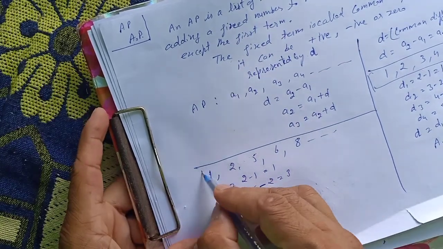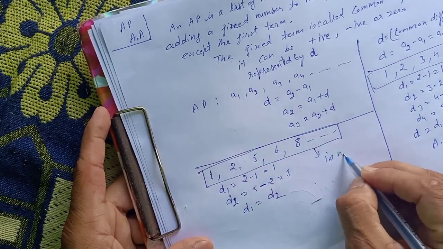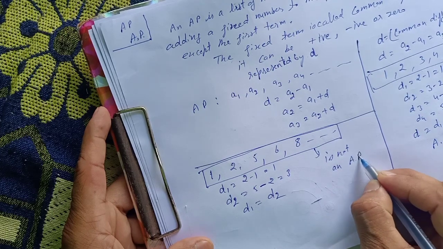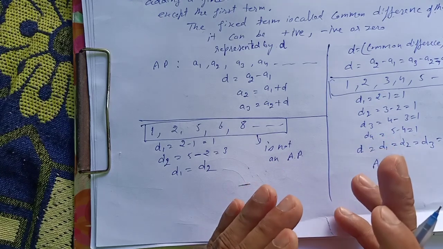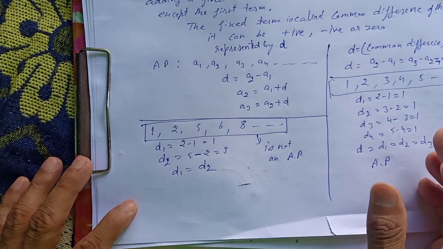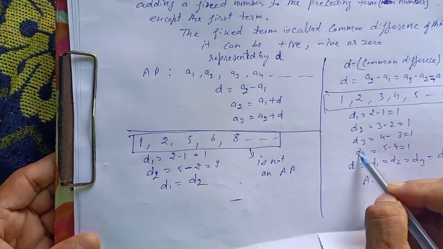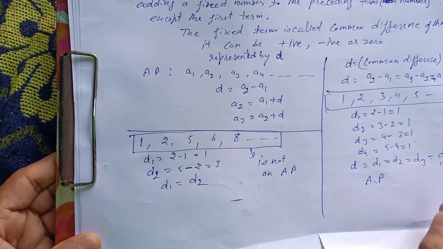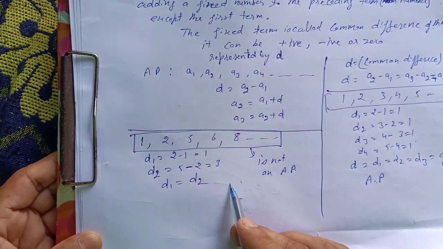So this series of given numbers is not an AP. So now we can say whether a given series is an AP or not. It can be decided by the common difference. If the common difference between the terms is the same, then this is an AP. If the difference is not the same, then this is not an AP.